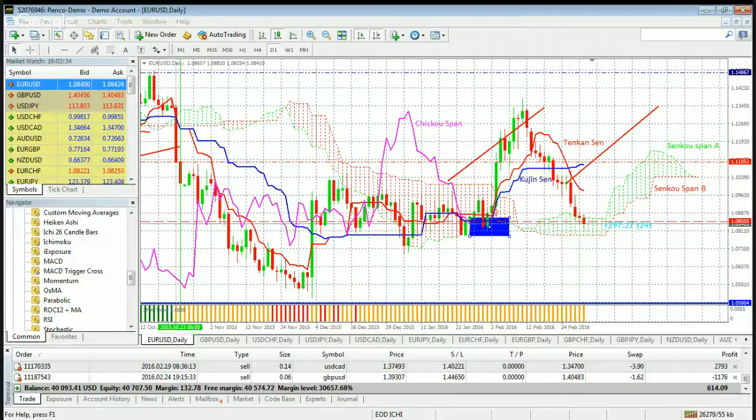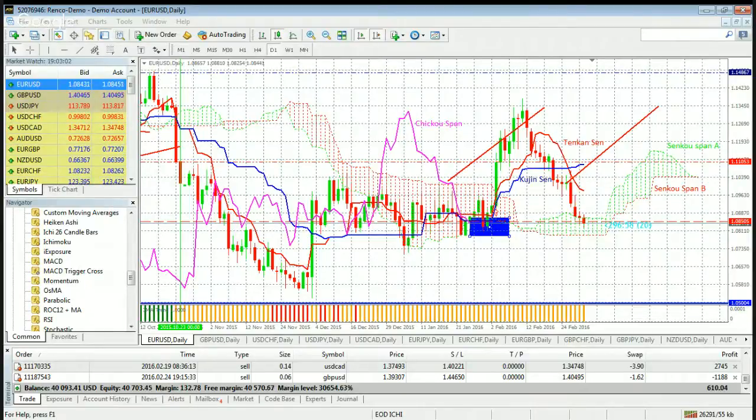Price breaking Kijun. Future Kumo cross. And then Chikou breaking price. Okay, so those are the 5 entry signals that we're looking at.